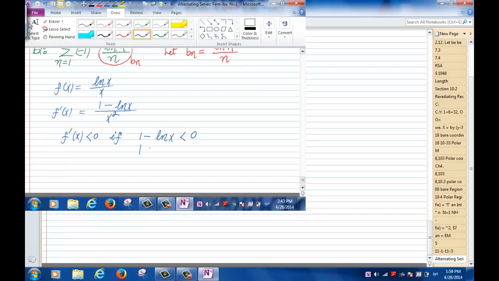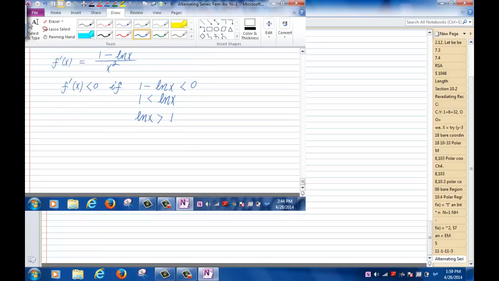Which means that 1 is less than ln x, which means ln x is greater than 1. And then what can I say about x? Greater than e, because ln of e is 1, so when x is bigger than e, ln of x will be bigger than 1. So when x is bigger than e, I have that.